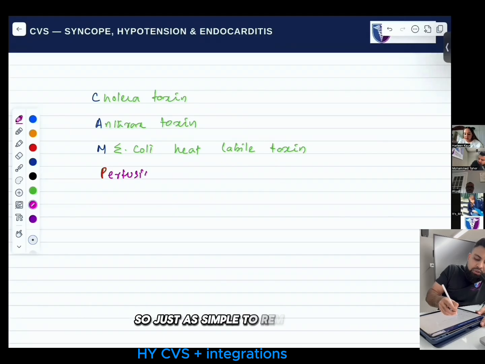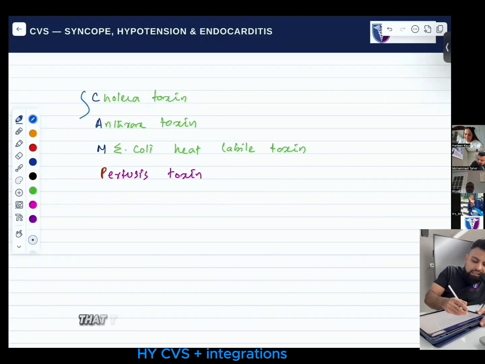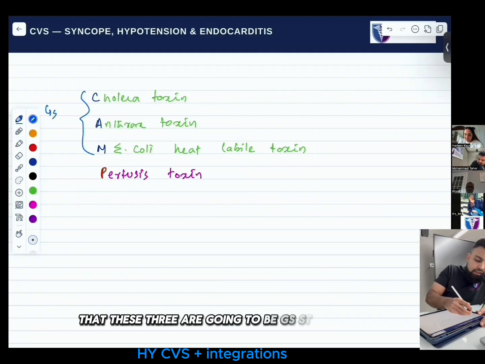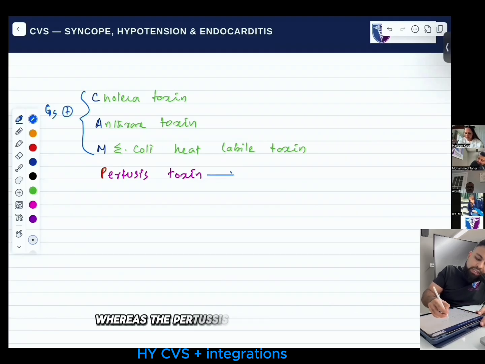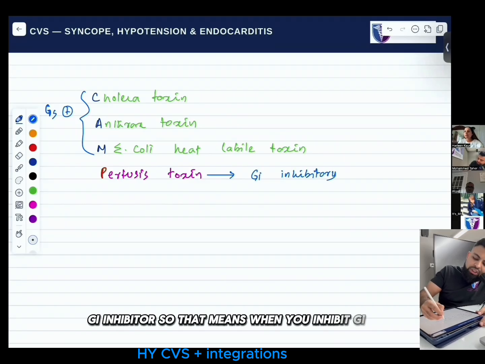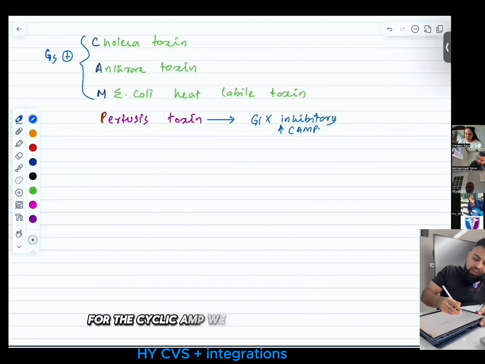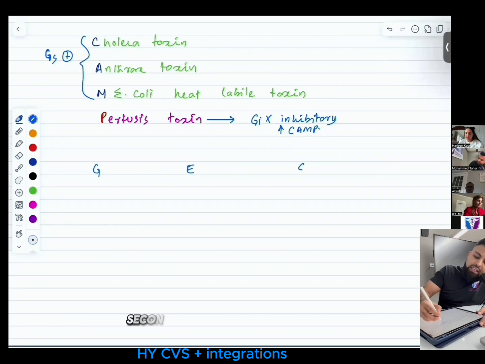The Bordetella pertussis toxin is different from the others in that these three are Gs stimulatory, whereas the pertussis toxin is Gi inhibitory. So when you inhibit Gi, you are again increasing cyclic AMP. Recall, for cyclic AMP, we have the G protein, enzyme, second messenger, protein kinase.